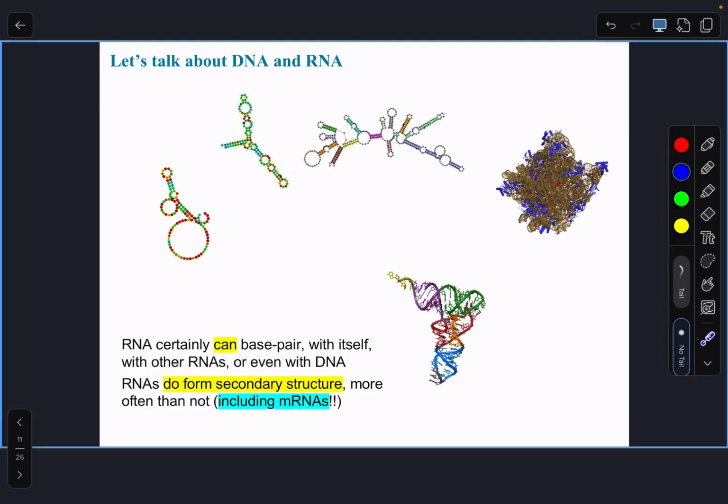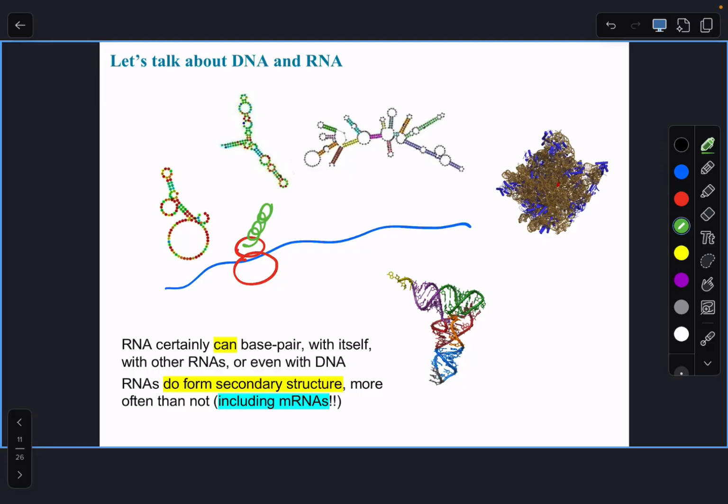Okay? So RNA certainly can base pair with itself or with other RNAs, or even with DNA. And RNAs do form secondary structures more often than not, including messenger RNA. I don't have a picture here, but if I asked any of you, next semester I'll do it, to draw an mRNA molecule, and I wouldn't blame anybody for doing this, most likely you'll go something like this. And if I ask you to draw the process of translation, immediately you'll draw some ribosomes and then the protein being produced.